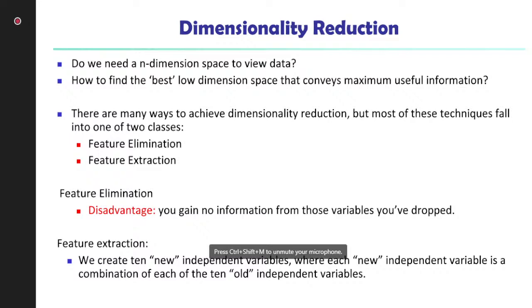Ideally, we are not losing any information from the data, whereas we are increasing its discrimination power. But here also we drop some principal components. That's another aspect of it. The disadvantage of feature elimination is that you gain no information from the variable you have dropped, whereas feature extraction says you can create new independent features, where each independent variable is a combination of the old ones and has better discrimination power.